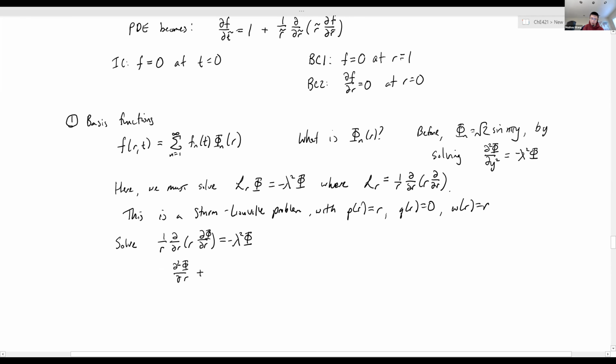Plus that. And commonly for these sorts of equations, we like to pull everything to one side.